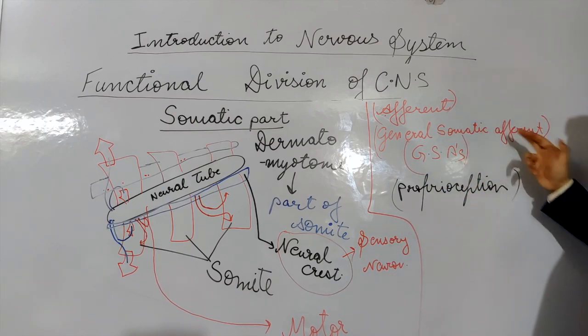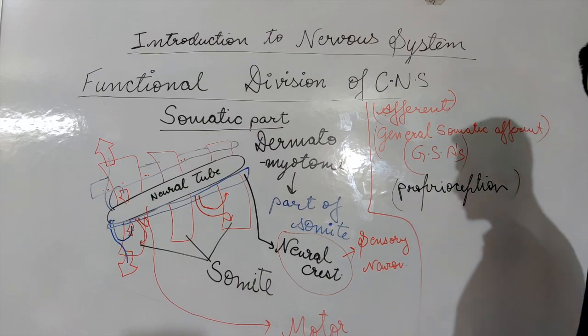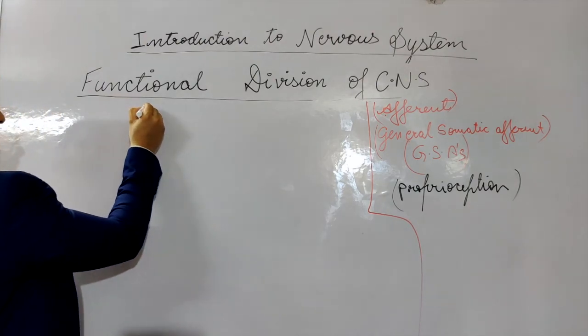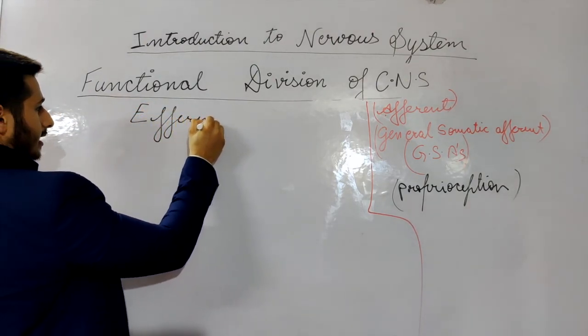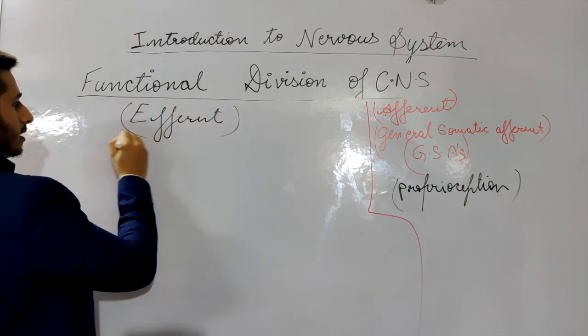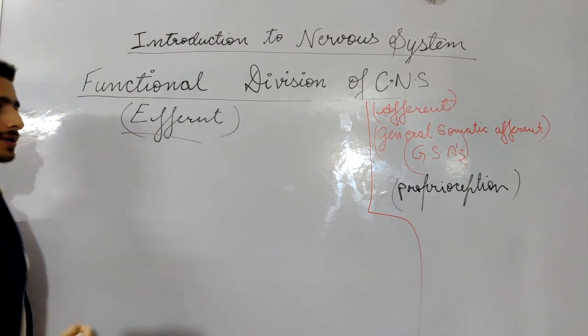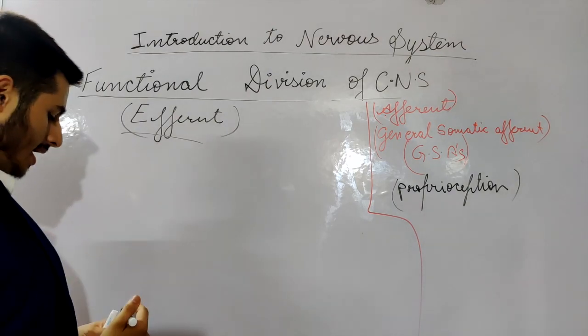Now the reason we're focusing on the A here is because we have another kind of fibers. They are known as efferent fibers. It starts with an E. These efferent fibers are actually motor neurons.